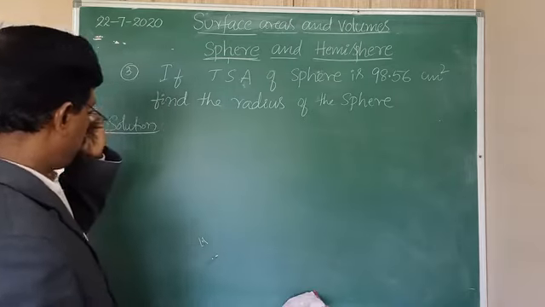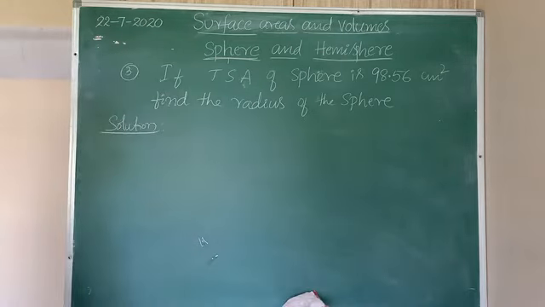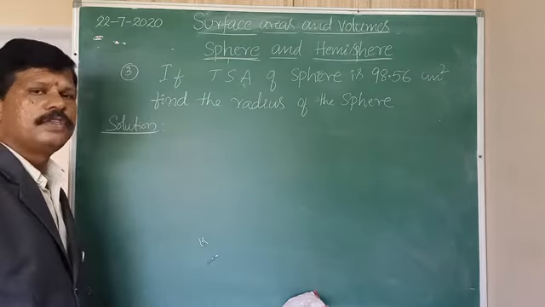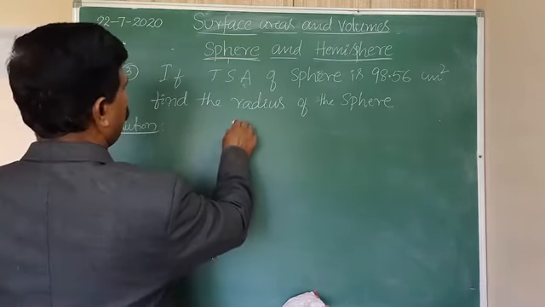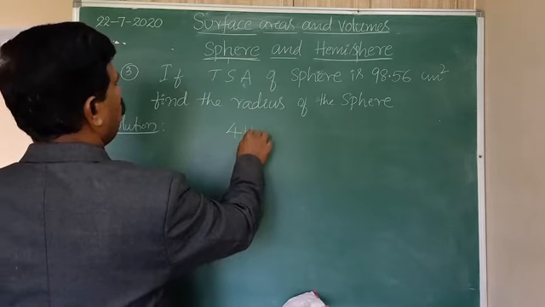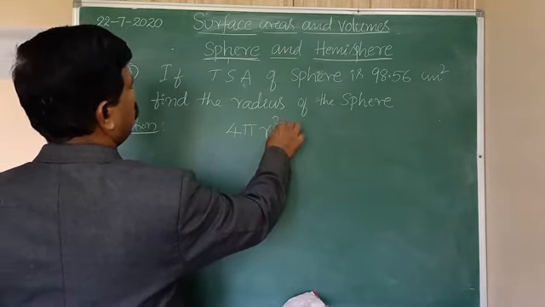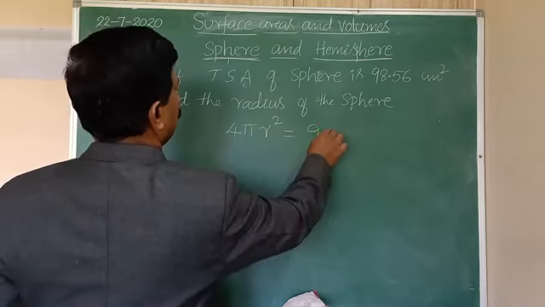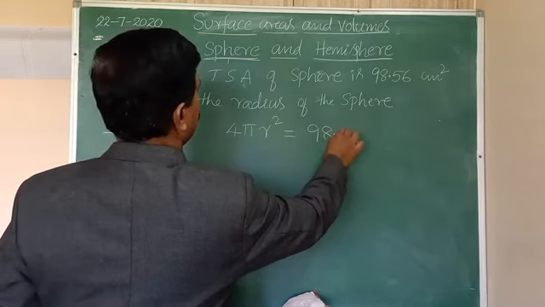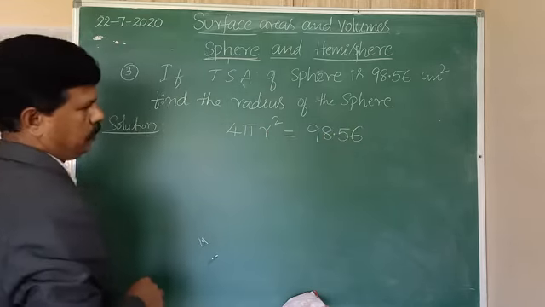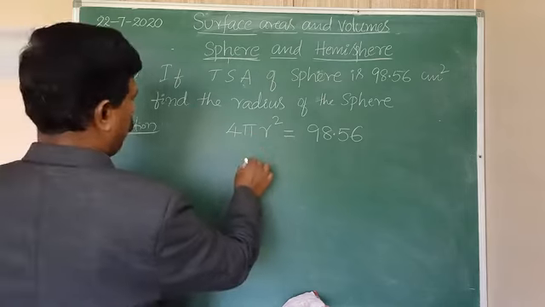So, this is similar to the previous one. They are given the area. Total surface area is given. So, we can write this as 4 pi r square is equal to 98.56. Now, we want r square.